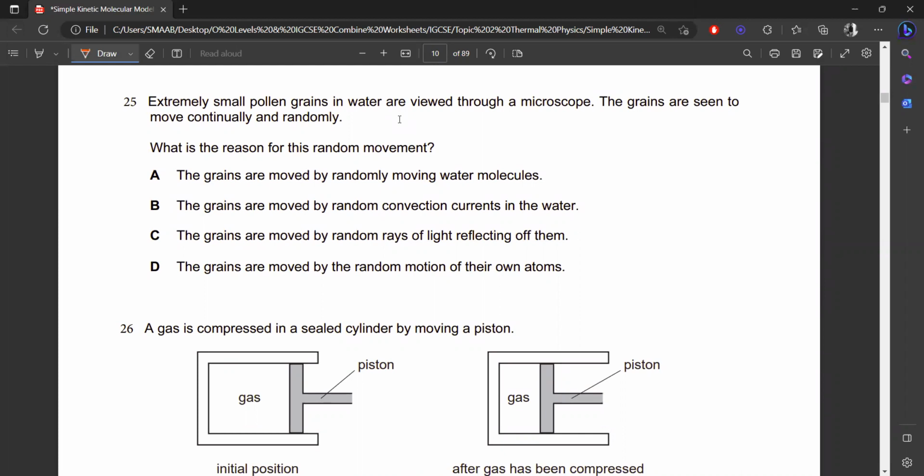Next, A. The grains are moved by randomly moving water molecules. Yes, A is the right answer.